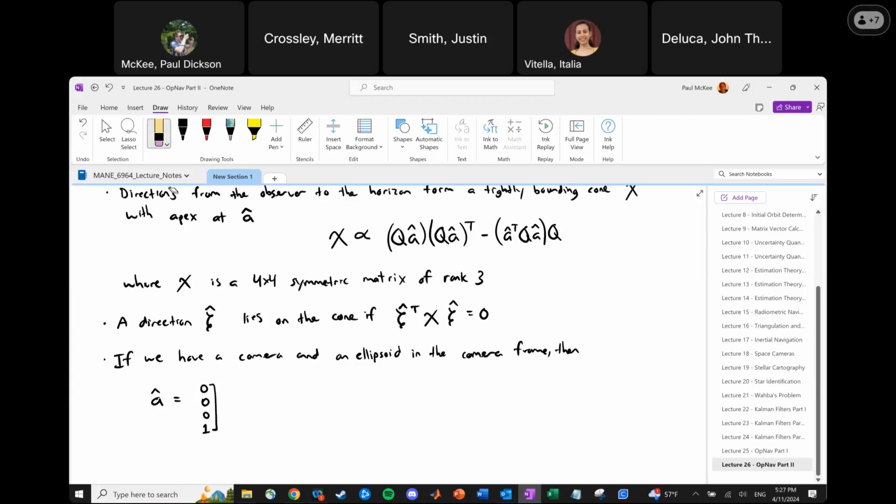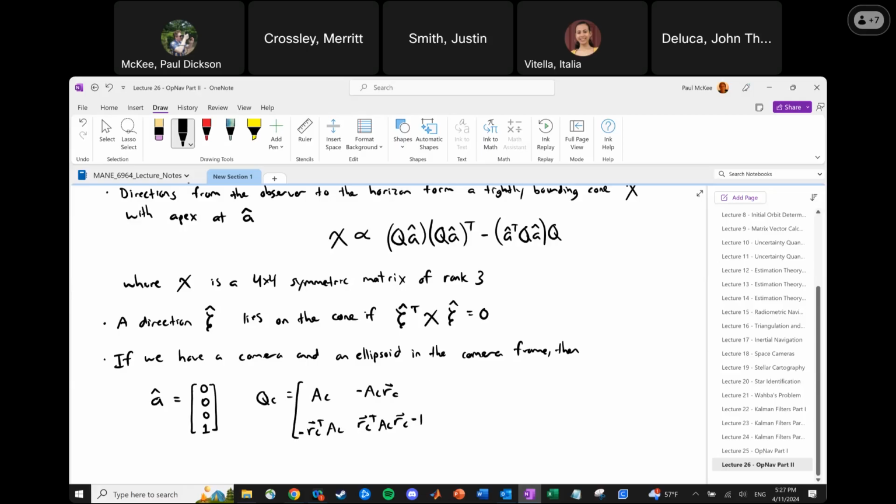So I'll clean this up here. It's going to be 0, 0, 0, and then 1 is our A. Now, QC from last lecture is the planet shape matrix, negative planet shape matrix, spacecraft position, negative spacecraft position transpose, shape matrix, and then position transpose shape matrix, position, -1.